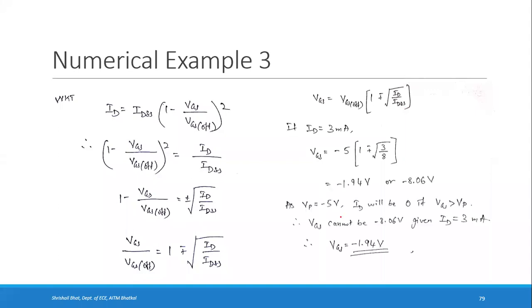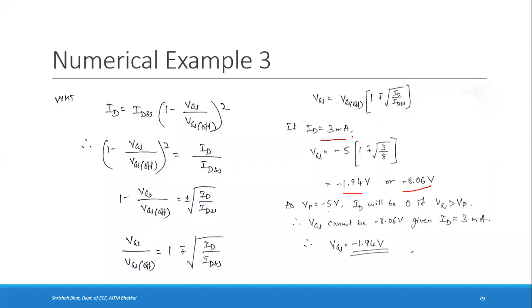You will get two values, because there is plus or minus. When you substitute minus, you will get one value; when you substitute plus, you'll get the other. But you should be very careful while choosing the value, because VP is -5 volts. VP is -5 means at -5 volts, the current will become 0. Now the current is 3 milliamps, so the current is not 0.